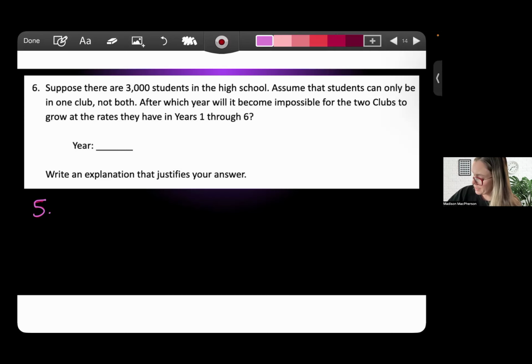So for the Key Club is the exponential equation. I think it says g of x is first. Let me look at this really quick. Yeah, Key Club is going to be f of x.